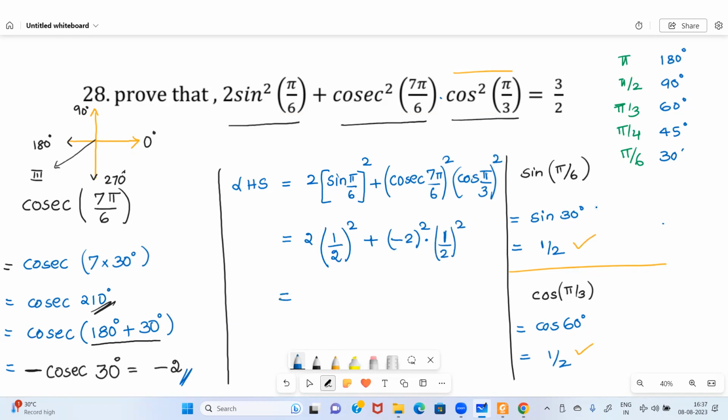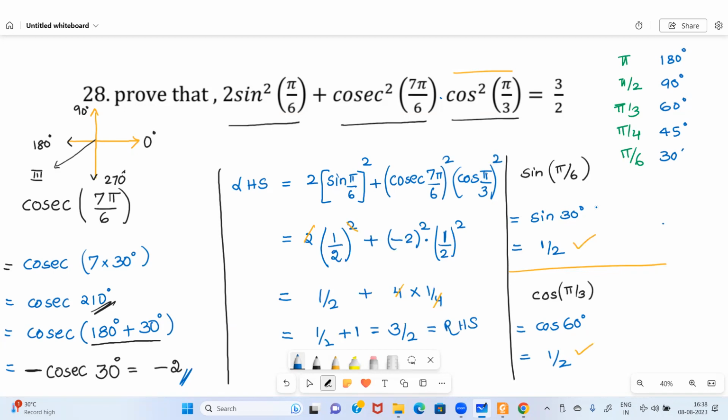So what does this become, students? 1, 2. And this cancels. So you get what? 1 by 2 plus minus 2 square is 4. 1 by 2 whole square is also going to be 1 by 4. So 4 and 4 cancel. So what do you get, students? Half plus 1. And what is half plus 1, students? 3 by 2, isn't it? Which is nothing but your RHS.